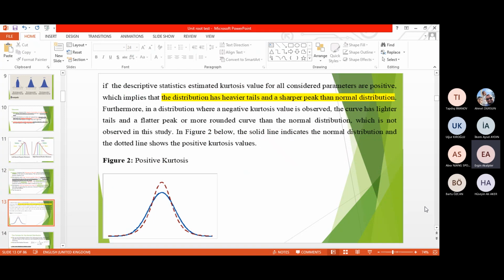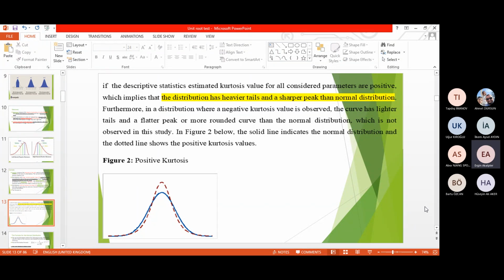If the descriptive statistics estimated kurtosis value for all considered parameters is positive, it implies that the distribution has heavier tails and a sharper peak, as you are observing on the graphic, than the normal distribution. Further, in a distribution where a negative kurtosis value is observed, the curve has lighter tails and a flatter peak, which is not illustrated here, but the first one is represented.